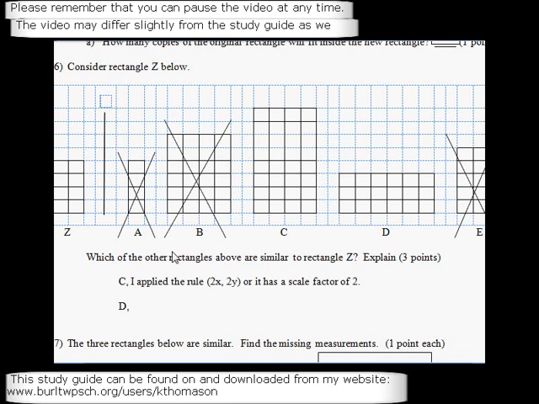D, you could say I applied the rule (3/2 x, 3/2 y), oops, I forgot the parentheses, and I flipped the shape on its side. Again, we're not going to give you anything as tough as D in the test, but I wanted to show you at least that the possibilities are there, and there is an exception to the rule.